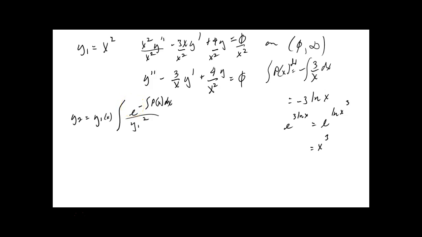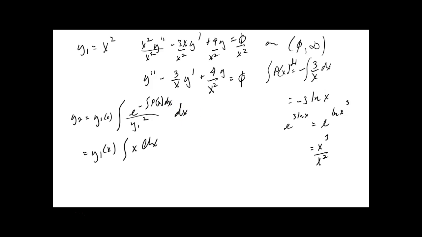Now if you take that, that's your numerator, e to the that, and then divide that by y1, but y1 was x squared. So now we have the second integral is y1 times the integral of x dx. I think I left off a dx here.